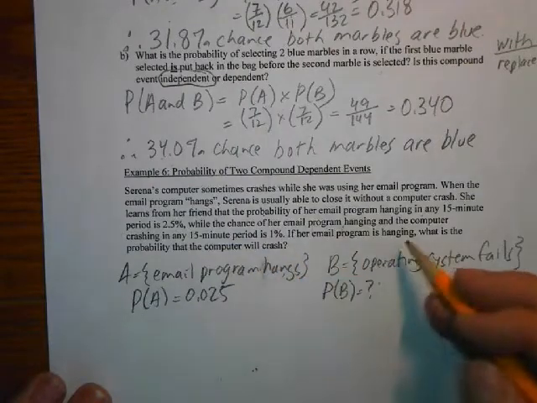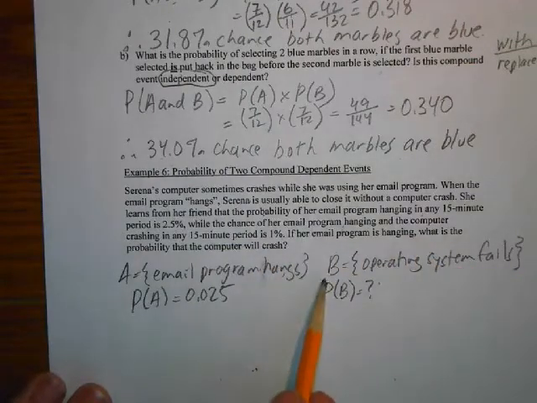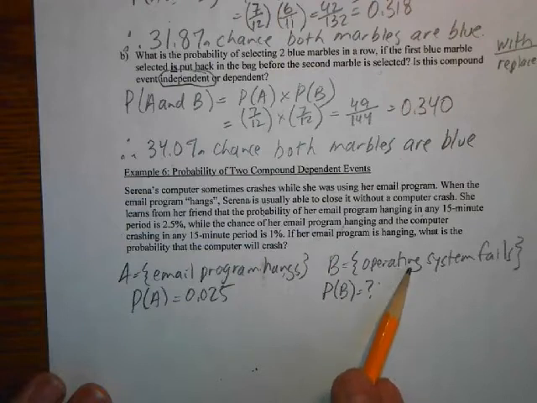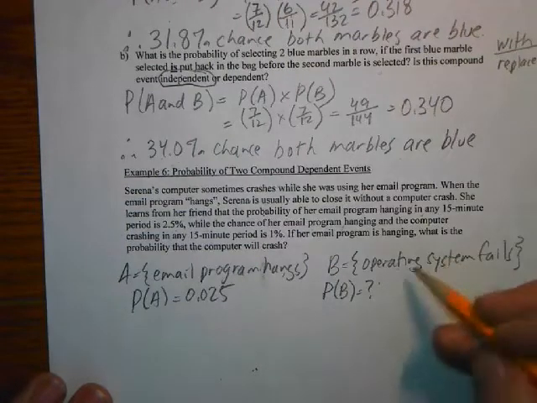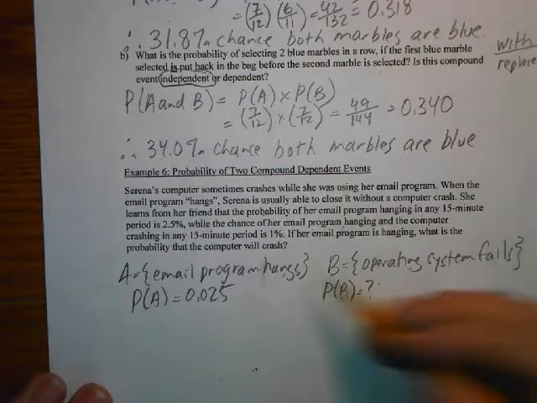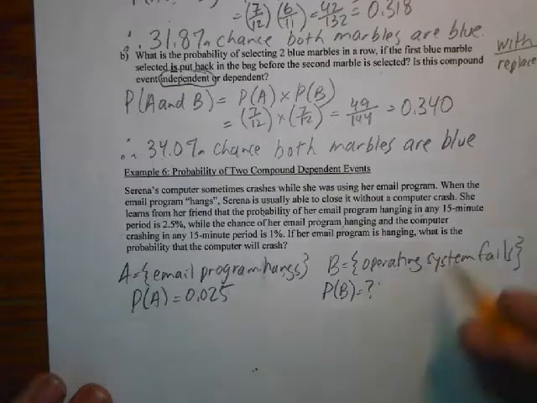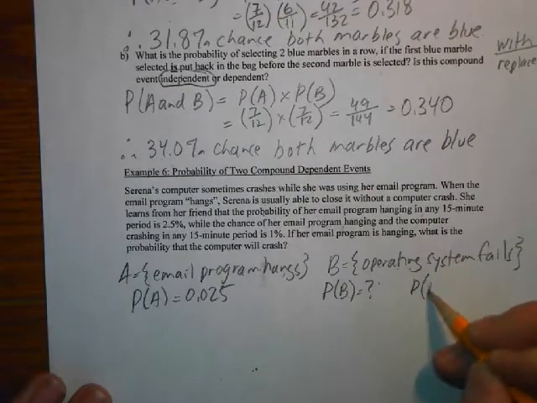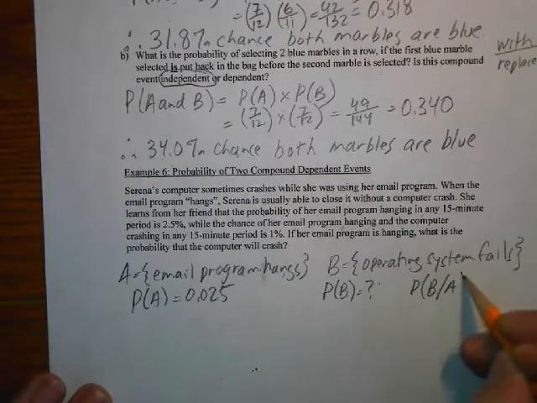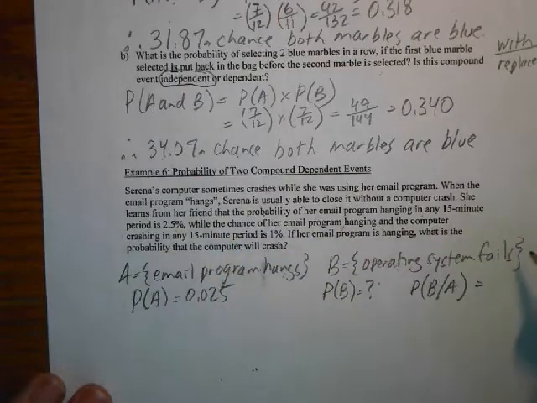So what they're actually giving us here is the probability of her operating system failing given that her email program hangs. If we change it back to A and B, that's the probability of B happening given that A happened. So that's what they actually told us, and they said that probability is 1%.